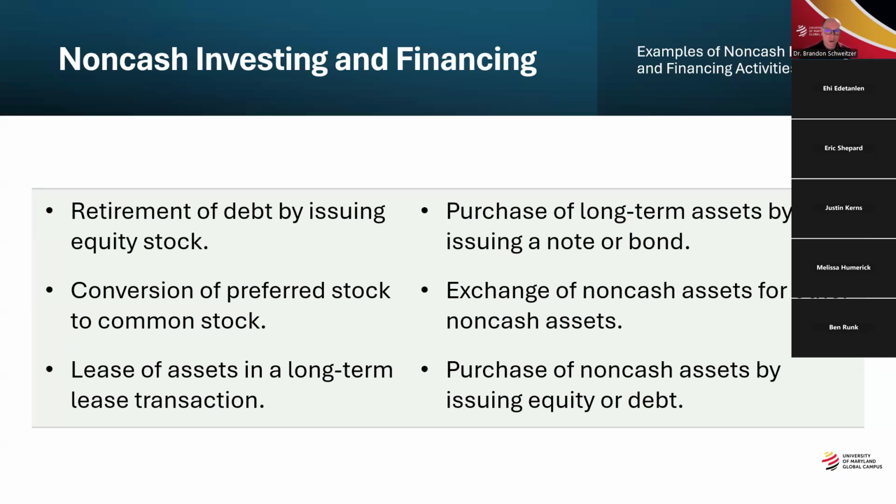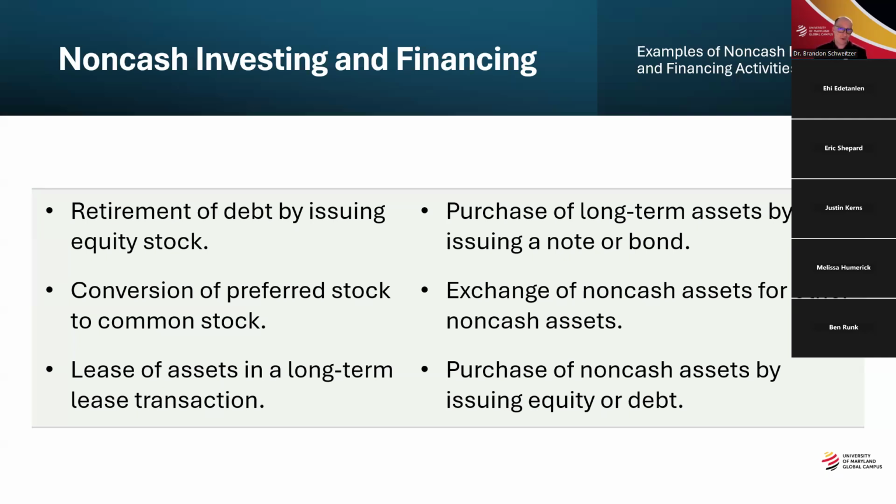Examples of such include the retirement of debt by issuing equity stock, a conversion of preferred stock to common stock, leases of assets in long-term lease transactions, the purchase of long-term assets by issuing a loan or a bond, exchange of non-cash assets for other non-cash assets, for example, exchanging a piece of land for a new property, or the purchase of non-cash assets by issuing equity or debt.